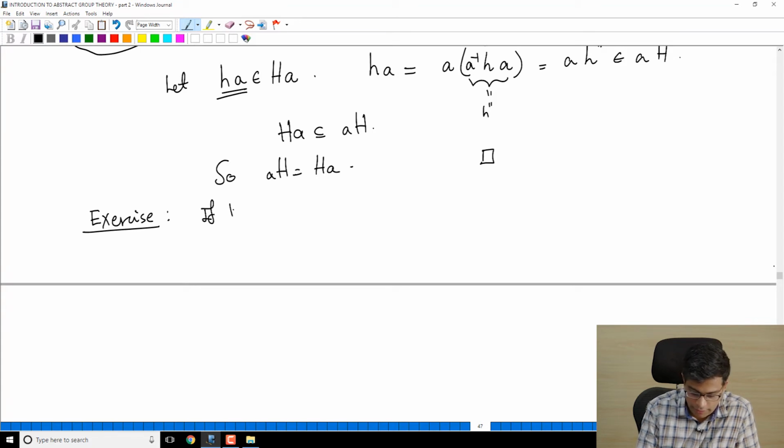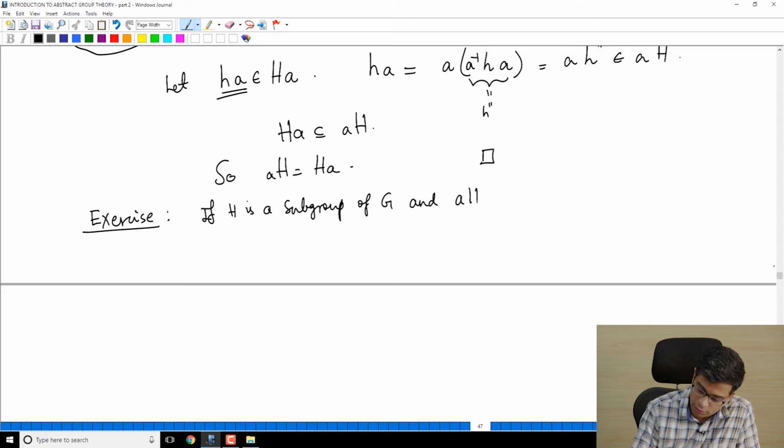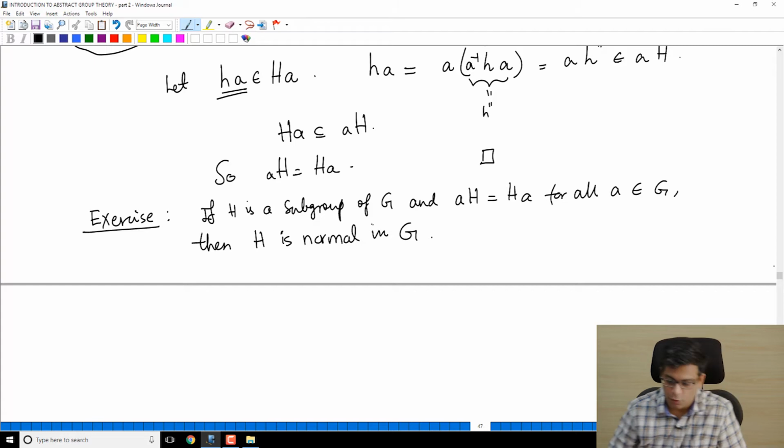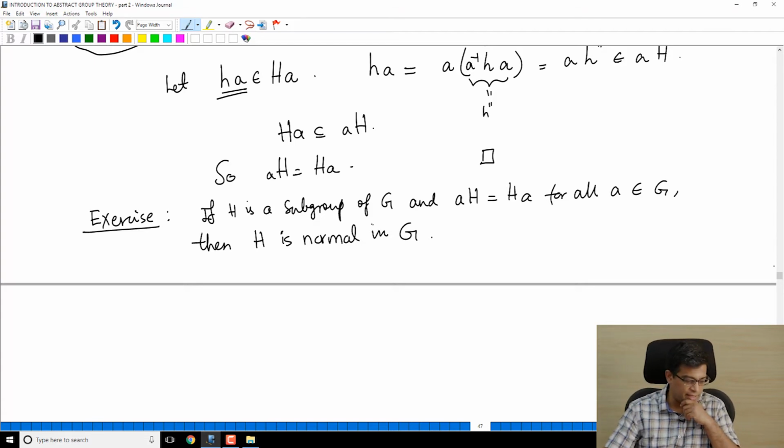If H is a subgroup of G and AH equals HA for all elements of the group, then H must be normal in G. So if this property holds for every element, then it is actually normal. We don't need that now, so I will leave it as an exercise, but you should do this.